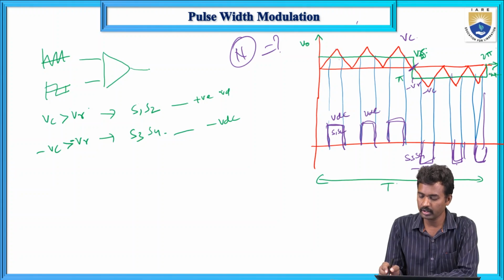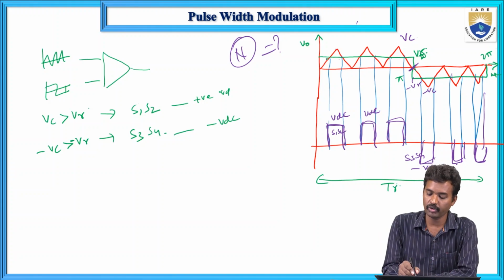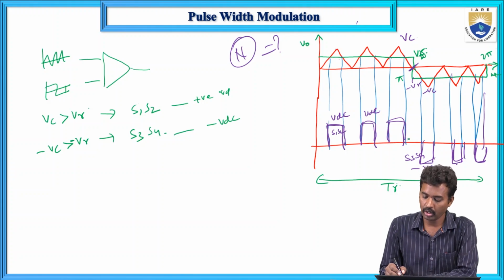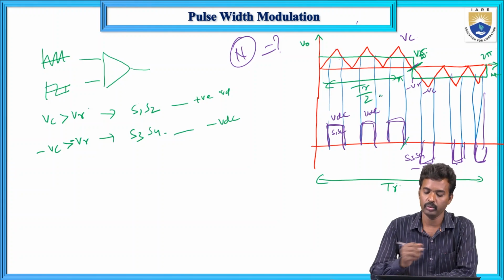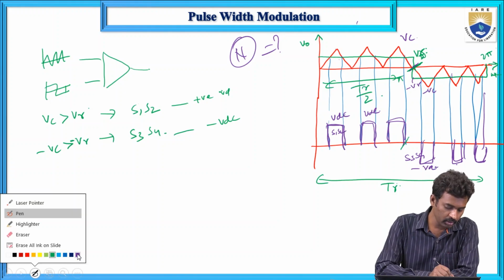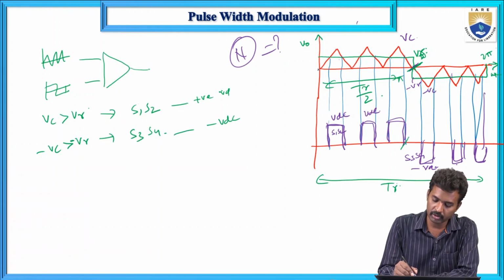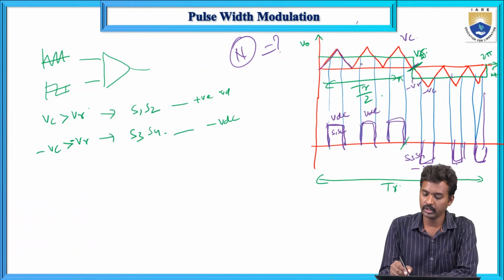For this reference waveform, the square waveform time period is Tr. Up to this point it is Tr by 2. What about this carrier waveform? This time period is Tc.